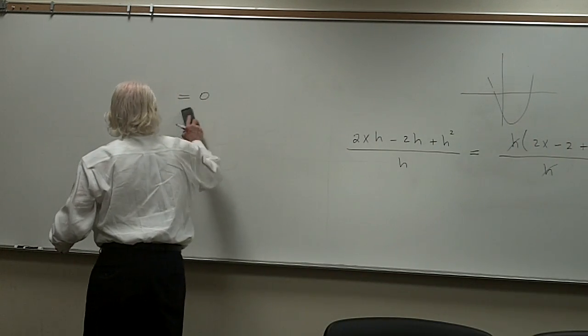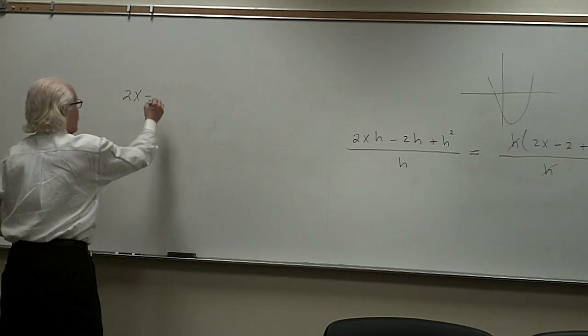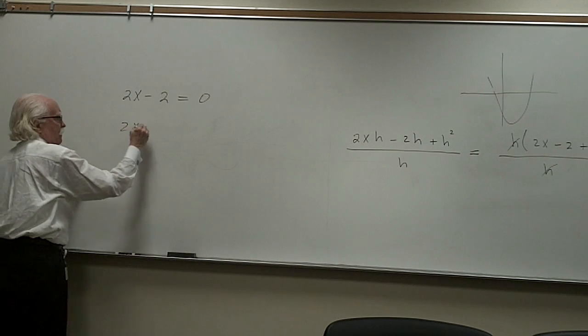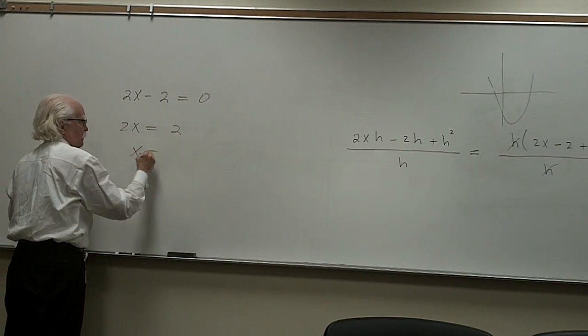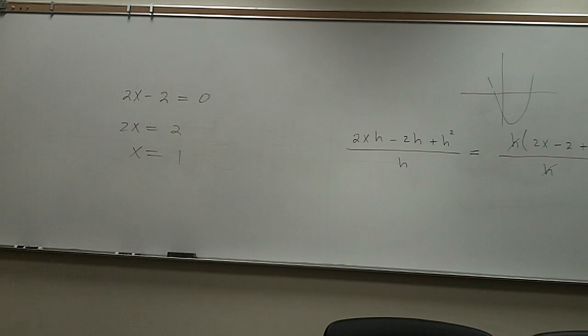This is supposed to be what? It's going to be 2x minus 2. We got it fixed now. Thanks, Mr. Wilson. Everybody see that? I copied it down on, I can't see the board down there, so.